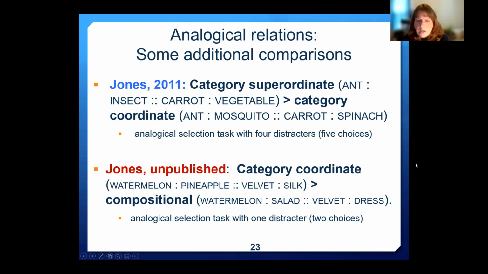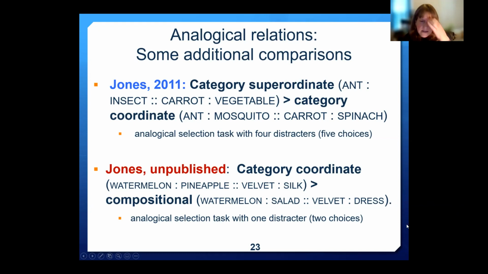In this study, we compared category coordinate analogies like watermelon is to pineapple to compositional analogies. Watermelon salad, salad composed of watermelon, a dress composed of velvet. And like the study I just went over, the 2022 study, it was an analogical selection task with 1 distractor.